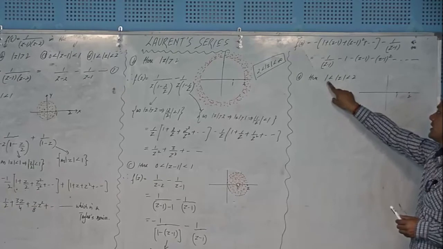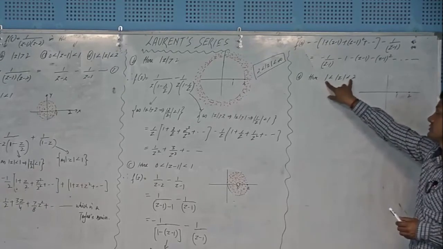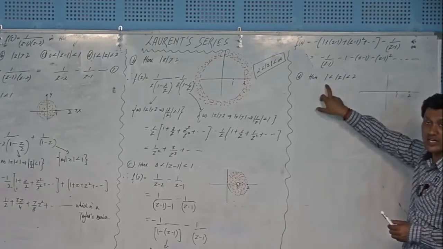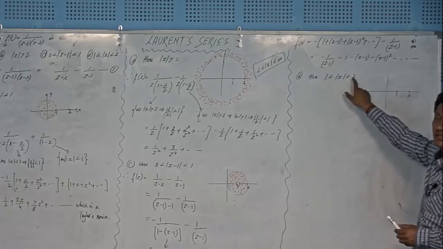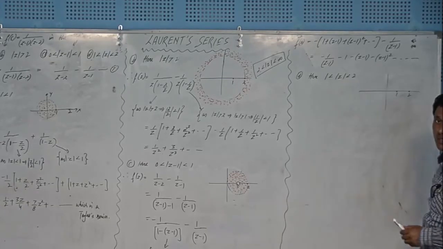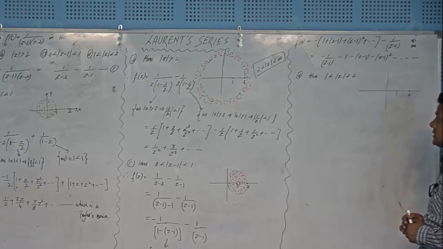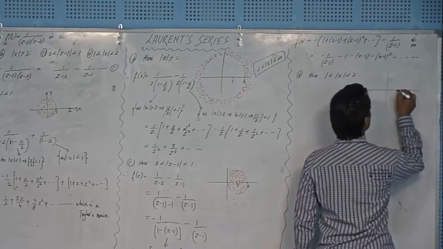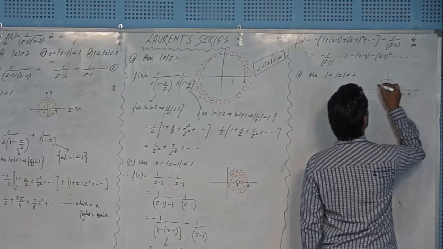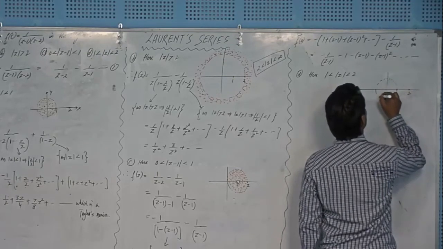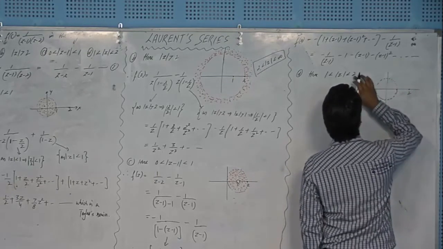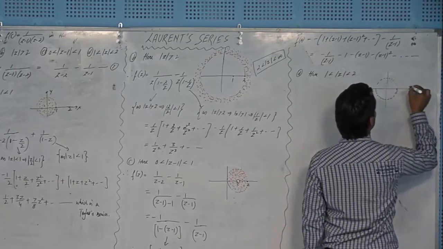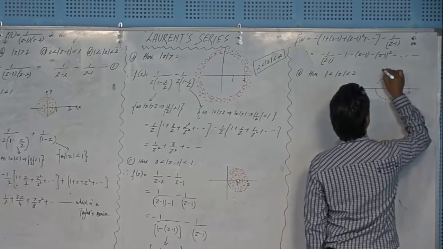The inner radius, small r, is 1, and the bigger radius, capital R, is equal to 2, right? So it will be two concentric circles like this one, outside of z equal to 1 and inside of 2, you can think like that also.